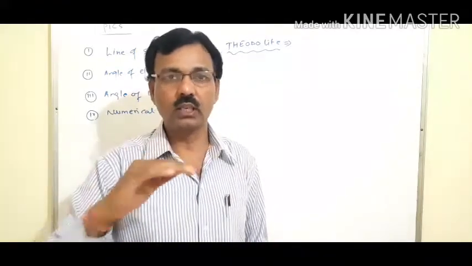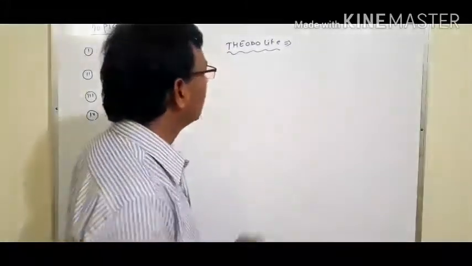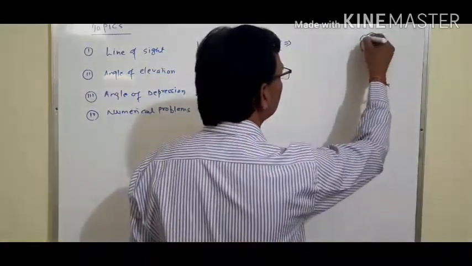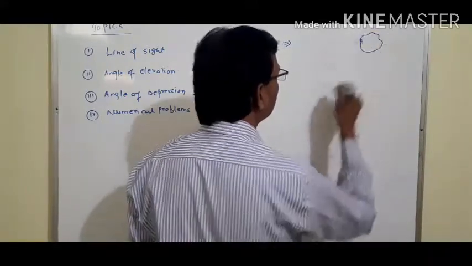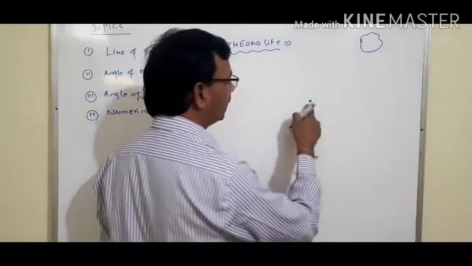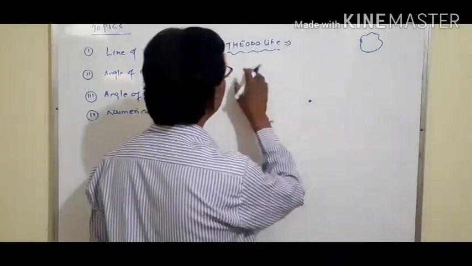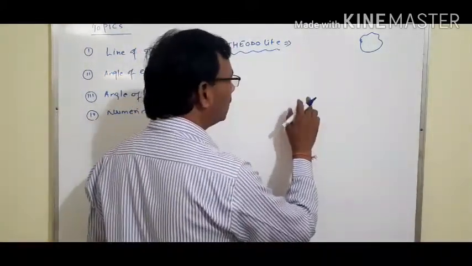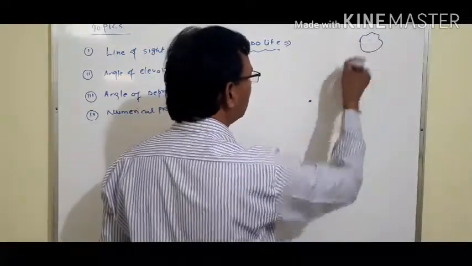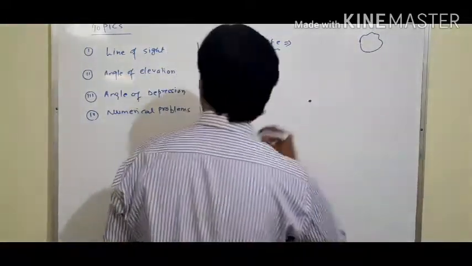to the horizontal line. That means, suppose this is an object and an observer stays here, and this observer wants to find the angle between the line of sight and the horizontal. What is the line of sight?